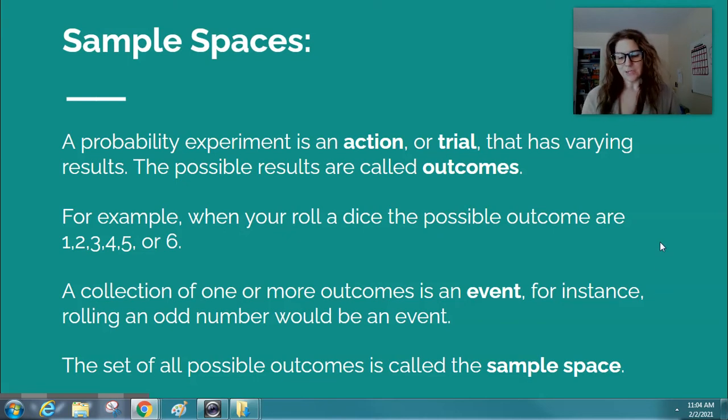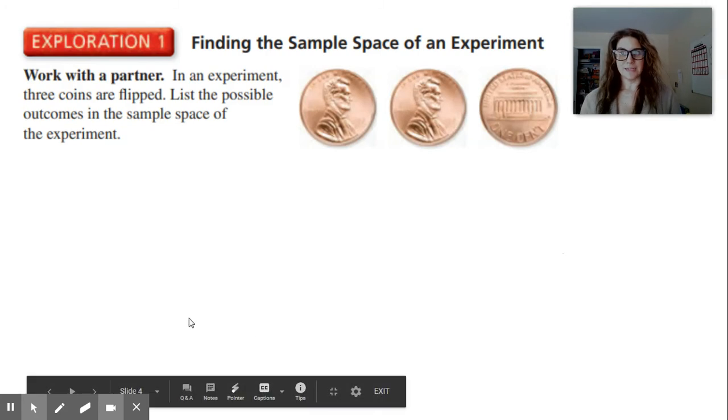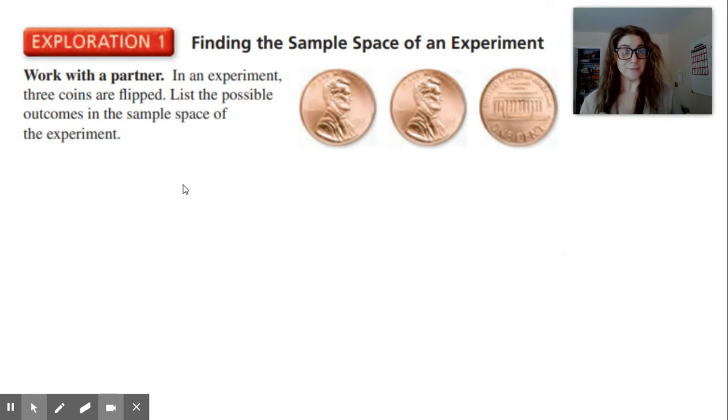We're going to start by doing a couple of different explorations where we're going to create some sample spaces and then build our way up into those events and those probabilities of them. So the first one, flipping a coin. Everyone's flipped a coin before, right? So you have your coin. We know one side is heads, the other side is tails. In this case, if I have 3 coins that are flipping, we want to list the sample space of the experiment.